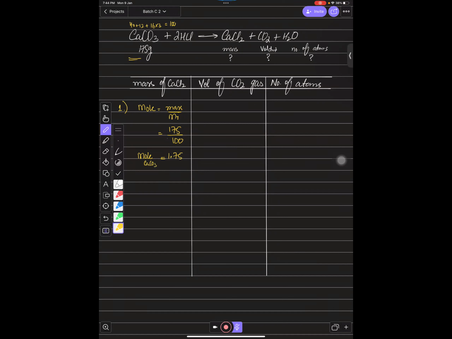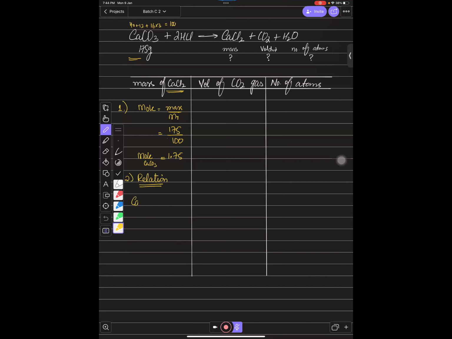And these are actually the number of moles of calcium carbonate, but we need to find out the mass of calcium chloride. So if you want to find out the mass of calcium chloride, you must have the moles of calcium chloride. That is why we need to do a second step, which is relation. In relations, we always need to do the relation for required and given. So what is given to you?